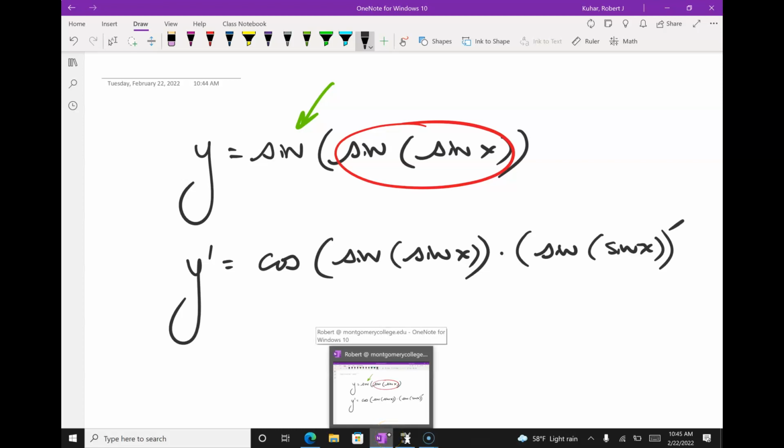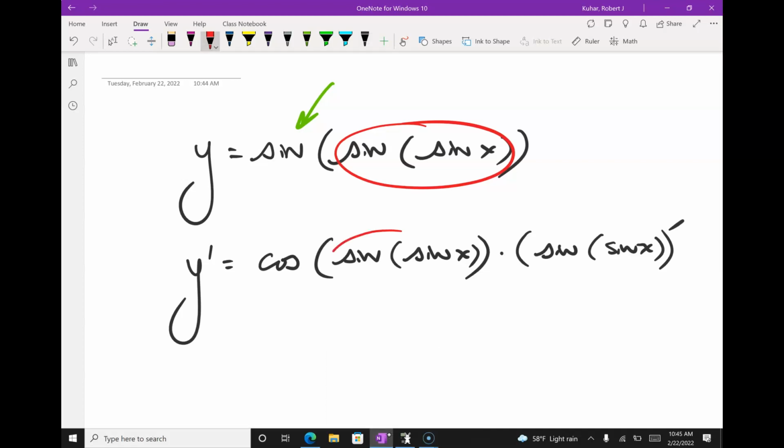So remember, I'm doing the derivative of the outside, which is a cosine. And the derivative of the inside is sine of, in red, sine of x.